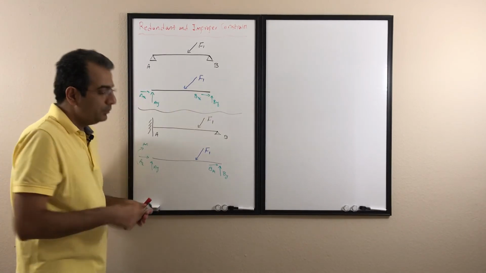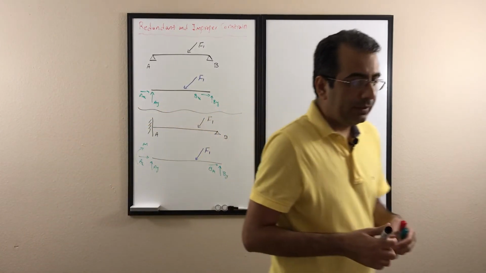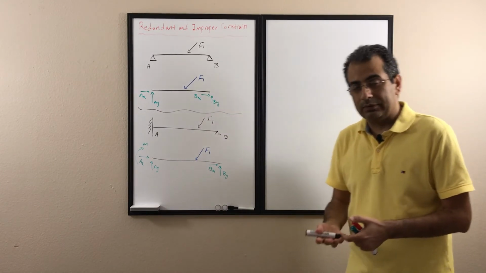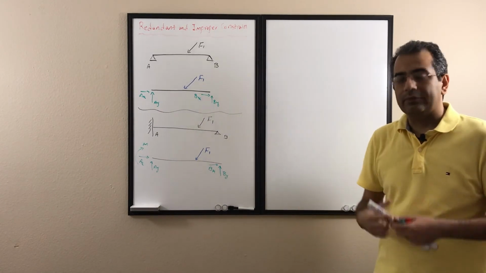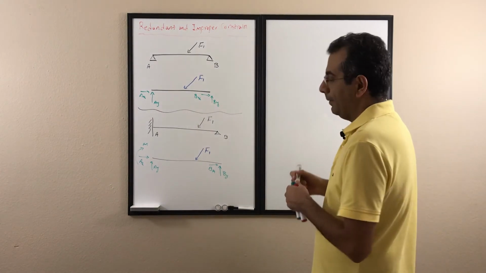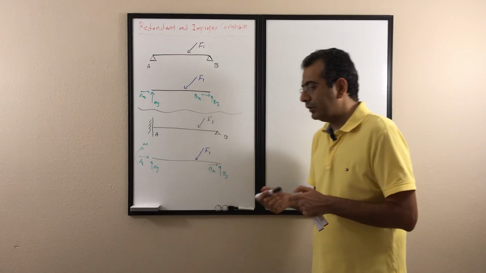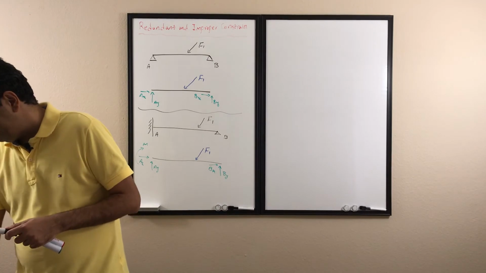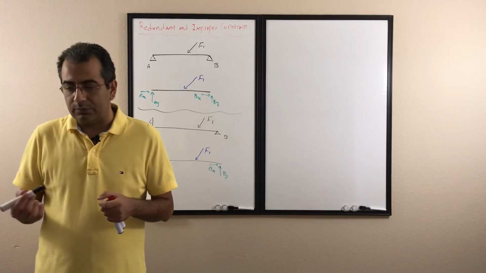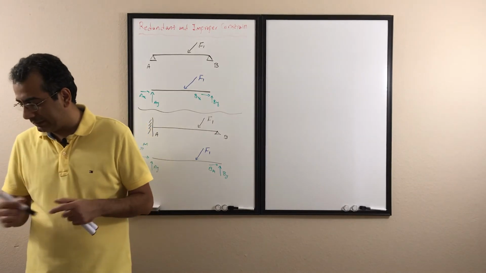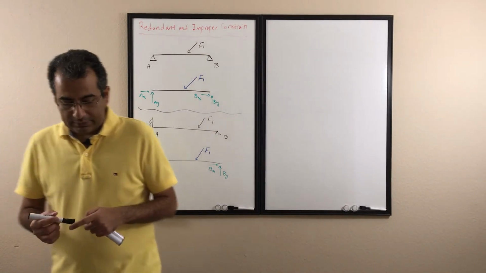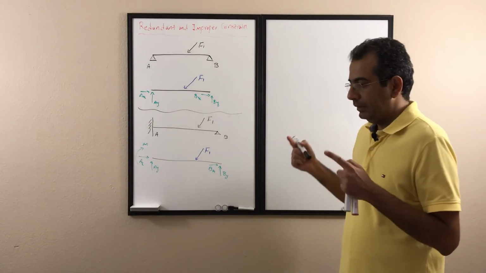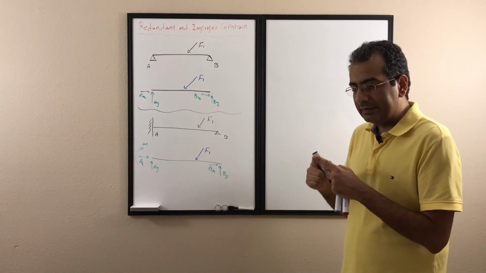The other condition is the improper constraint, and it happens when I don't have enough constraints. Unlike these 2 cases where I have more than I need, what if I have less than what I need? One condition where I may have less support than I need is if all the supports actually intersect at one point.